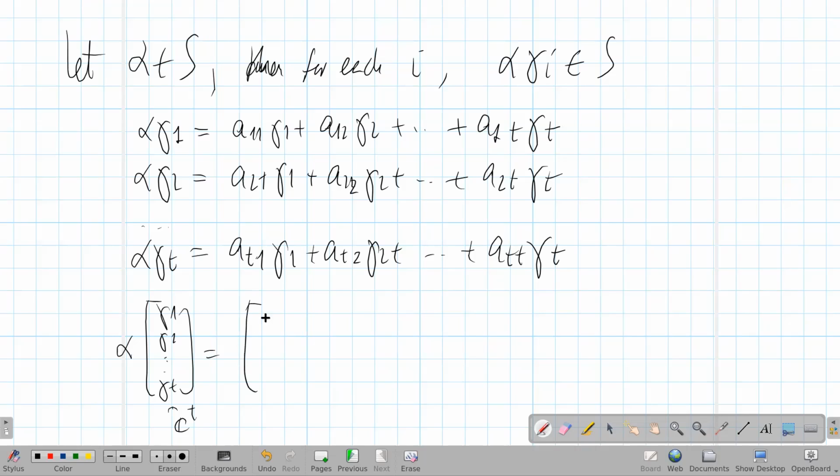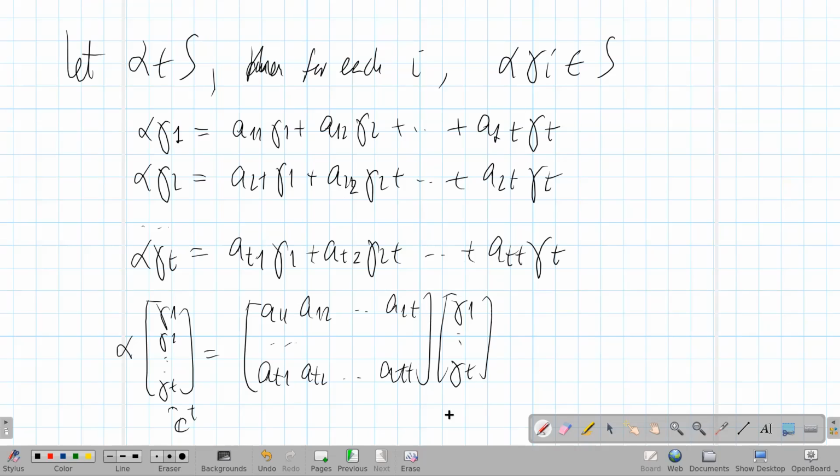So this is the matrix times gamma 1, gamma t, the row times column. But what do we have here? What you have written here is that alpha is an eigenvalue of this matrix.